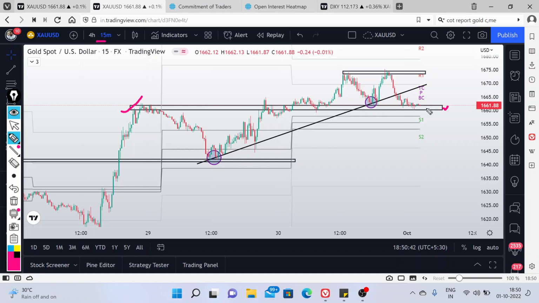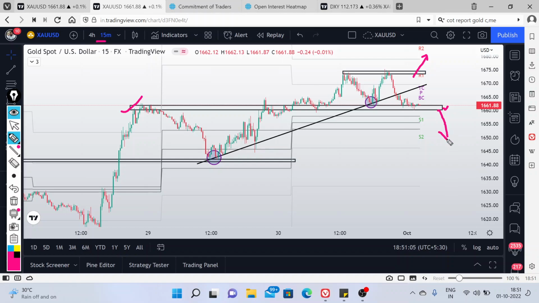And now for the intraday level, if the price opens below the CPR level, we have to look for sell, because the CPR level is going to act as a resistance. But if gold is able to break out of this level, then we can look for buy.